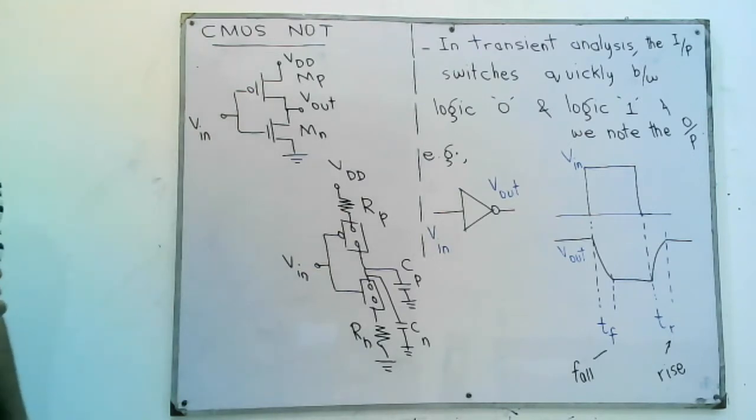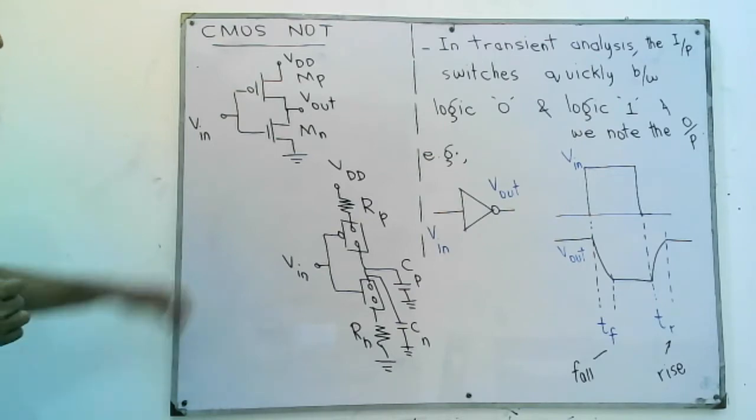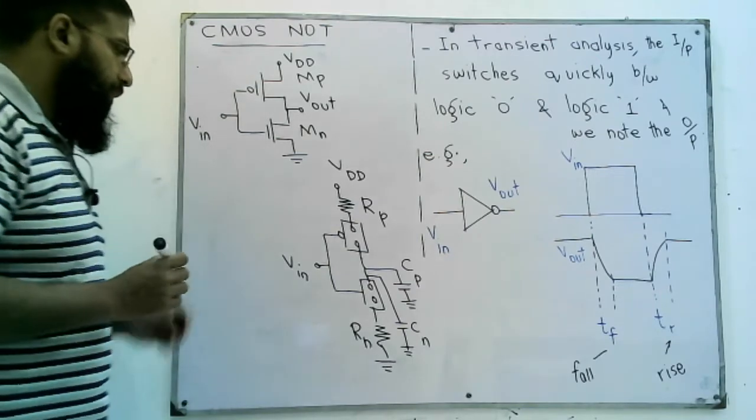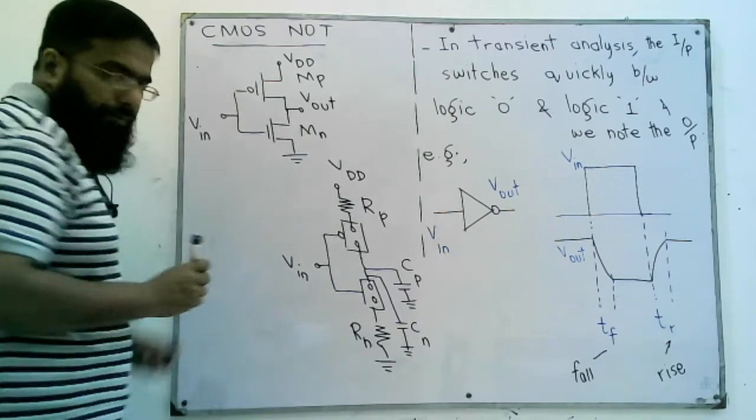So this is how we can draw an equivalent RC model for this CMOS NOT.